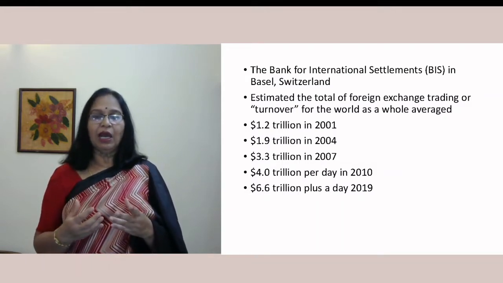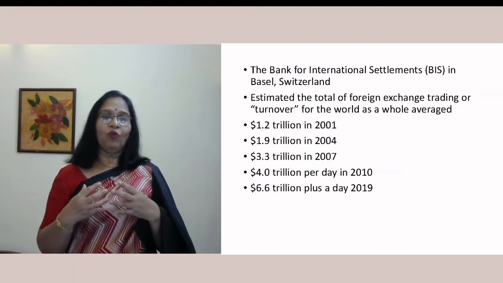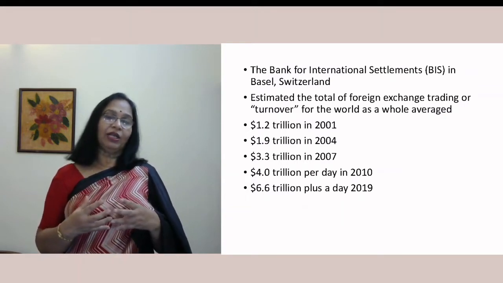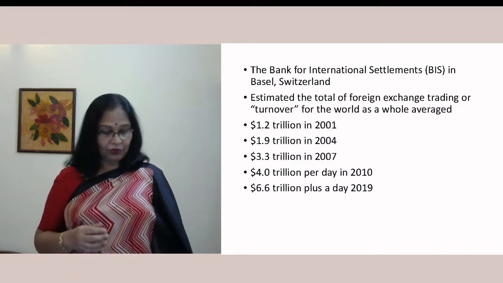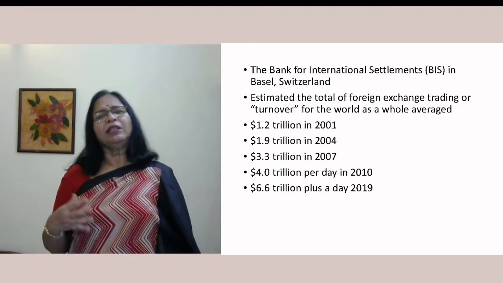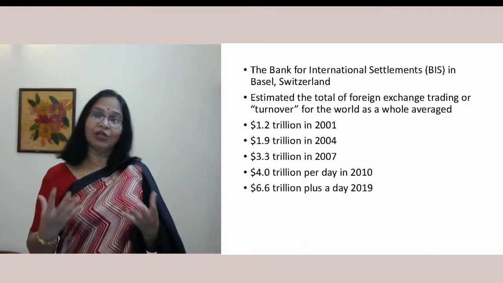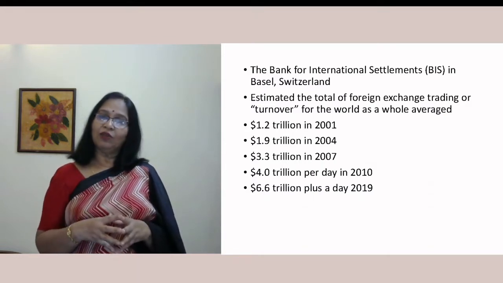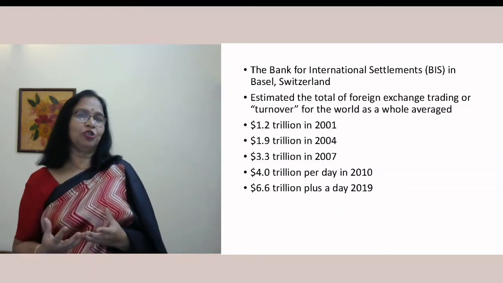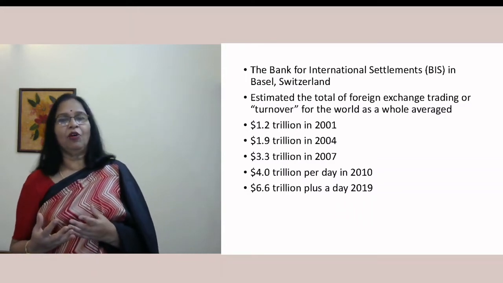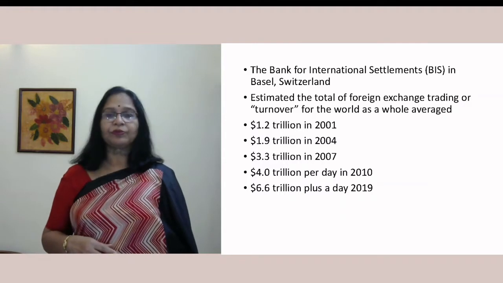So we can see how in 9 years' time, from 4 trillion per day, it has increased to 6.6 trillion in 2019. This is because the volume of international trade has also increased, and once the volume of international trade increases, the amount of currencies needed to make and receive payment for trade also increases.